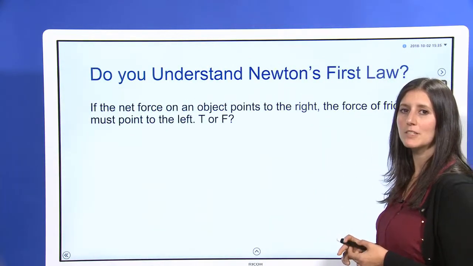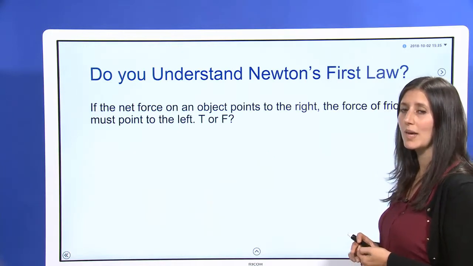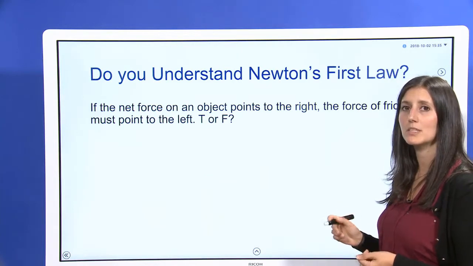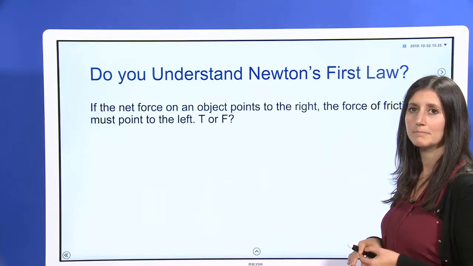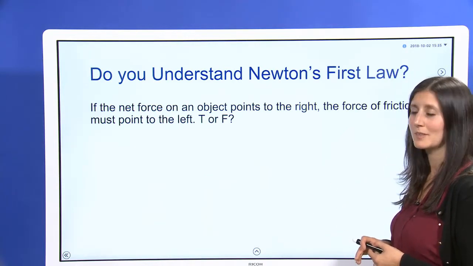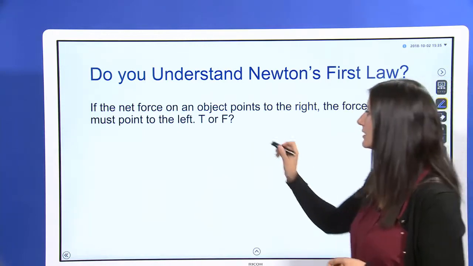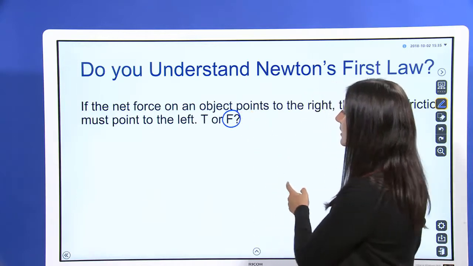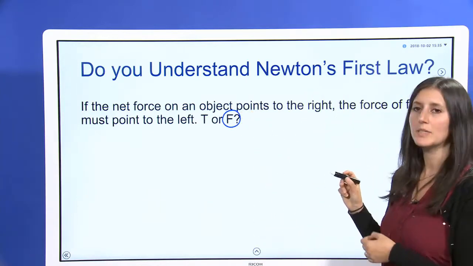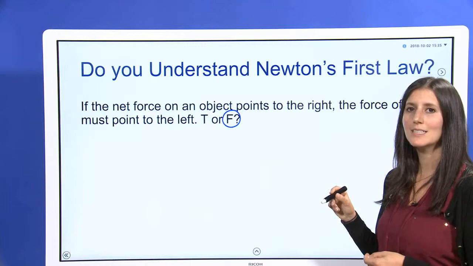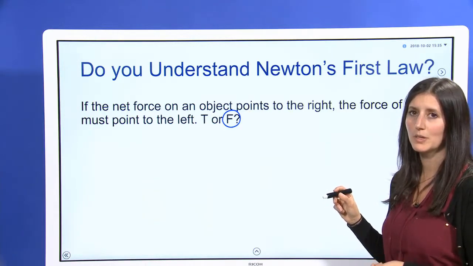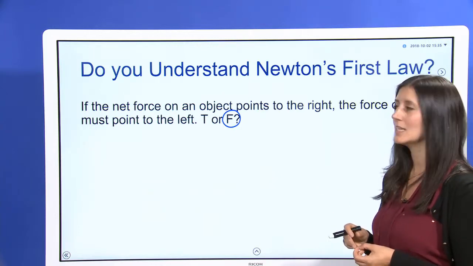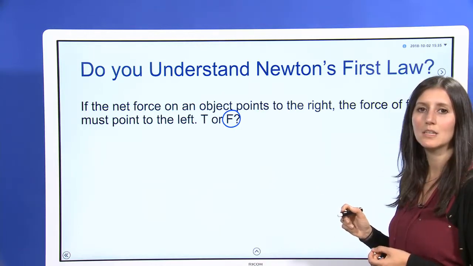If the net force on an object points to the right, does that imply that the force of friction has to point to the left? Okay, so this one is false. If your net force is pointing to the right, that doesn't mean the force of friction is going to point to the left. What's true about the force of friction is that it always opposes the motion.